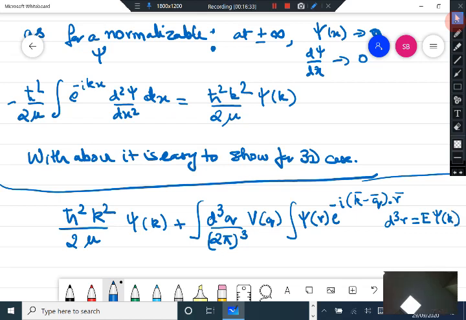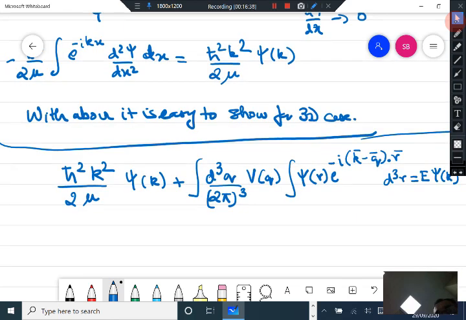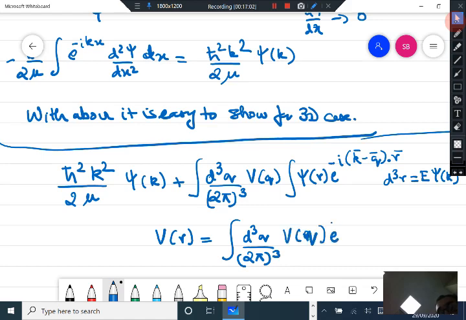This is the Fourier transform of the simplified Schrodinger's equation that we had got, where all that I have done in the above expression is that v of r, I have written its Fourier transform, which is in terms of integral d cube q by 2 pi cube, the volume in the momentum phase space d cube q, v of q e raised to plus i q dot r.